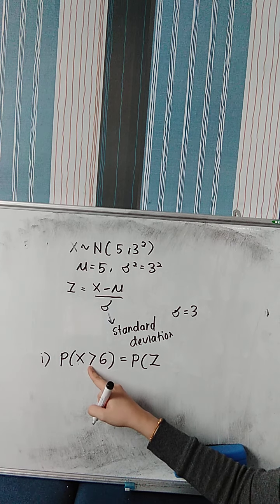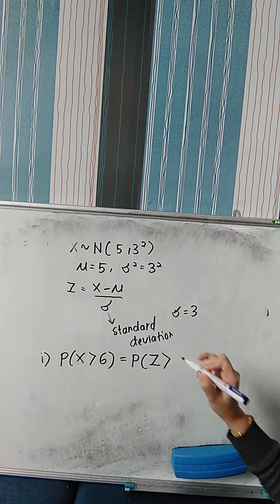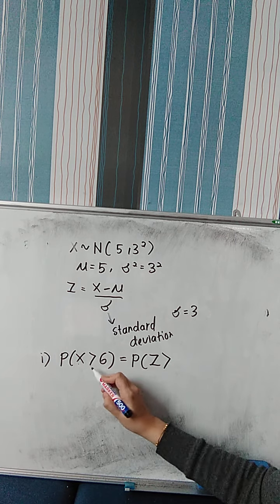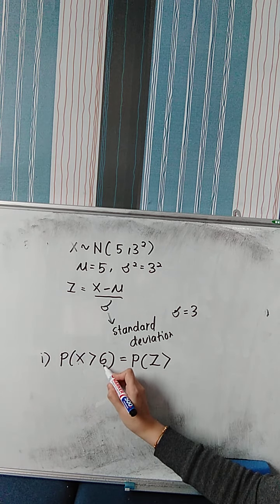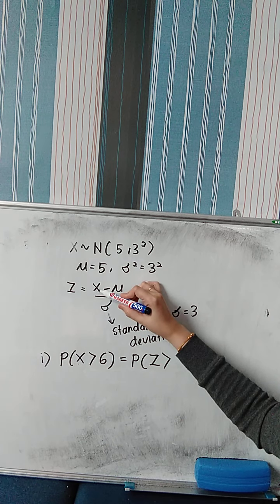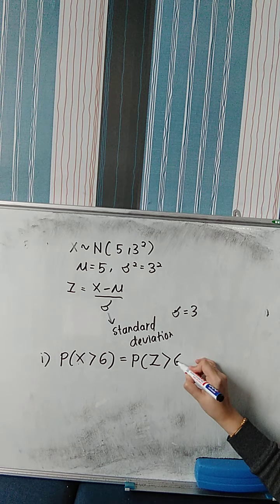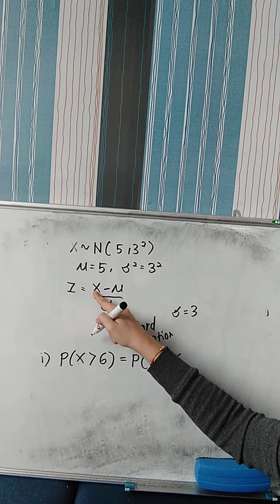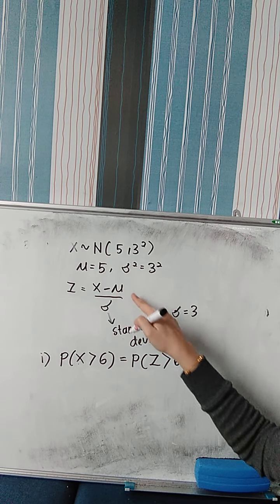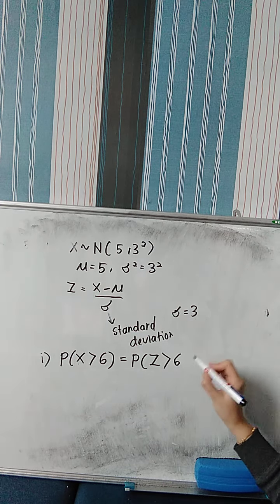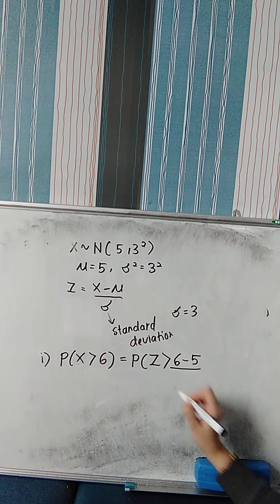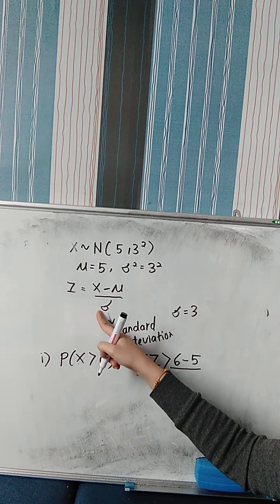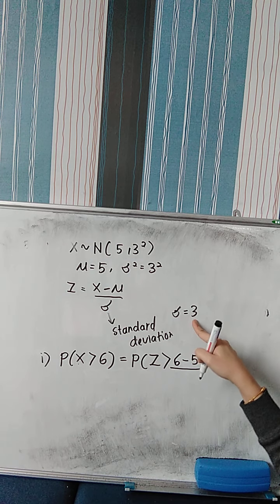The symbol more than stays the same, no need to change anything. 6 is your value of X here. So 6 minus mu, means you need to minus 5. 6 minus 5 and then you divide by sigma, the standard deviation 3.